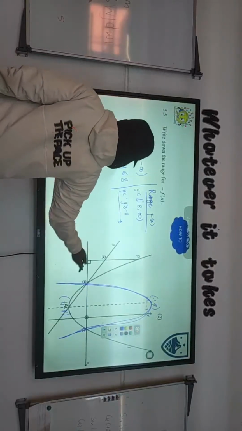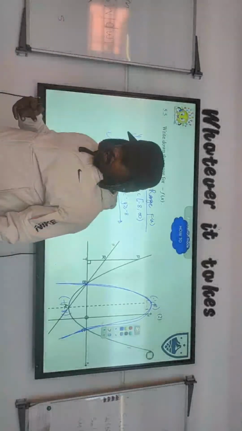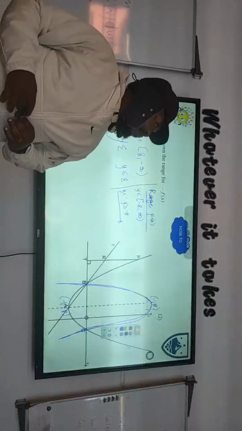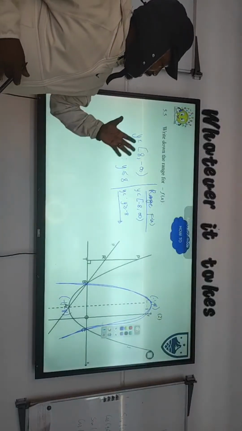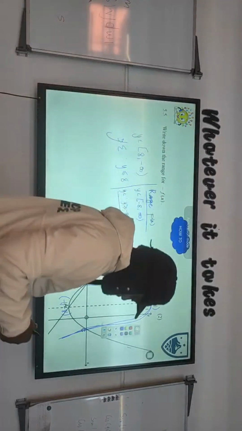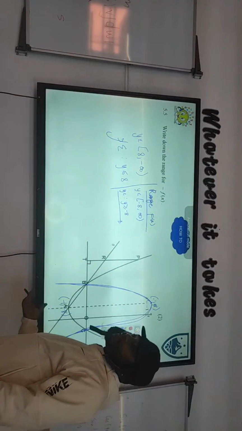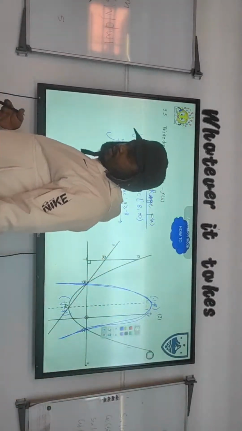Why is this included? Because it is a turning point, it's part of the graph, so we must include it. You cannot exclude it because it is part of the graph. So that's typically what we get when you have a straight line and a quadratic function or a parabolic function.